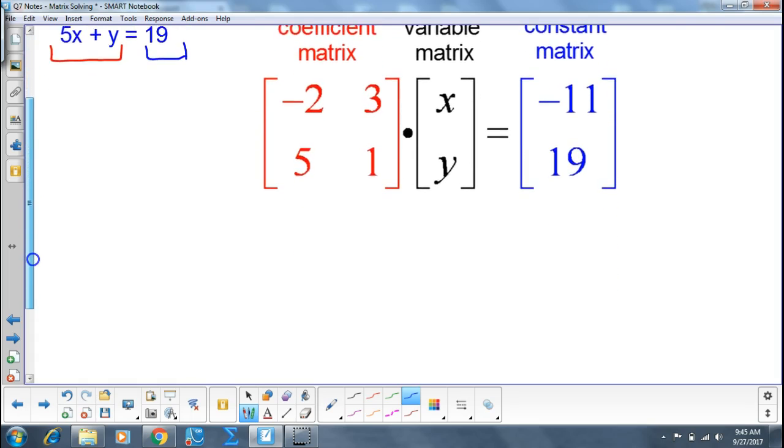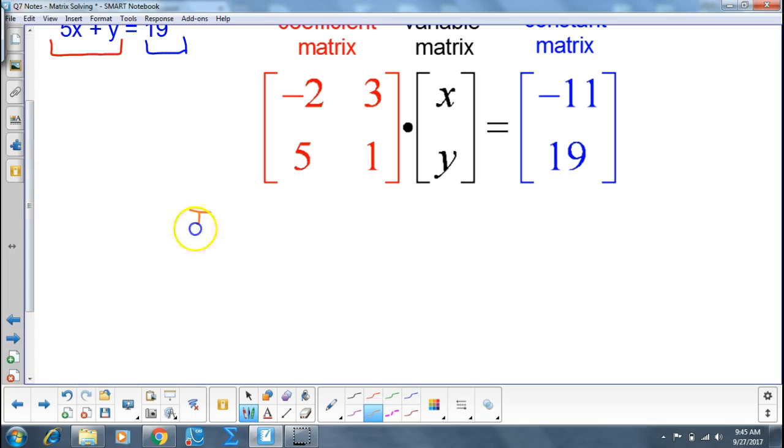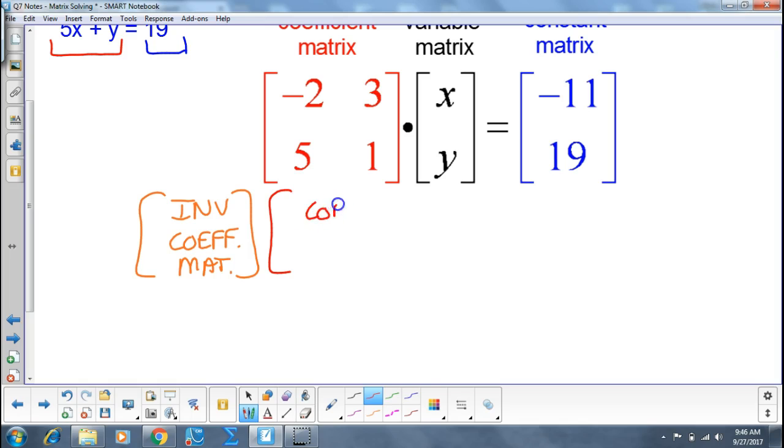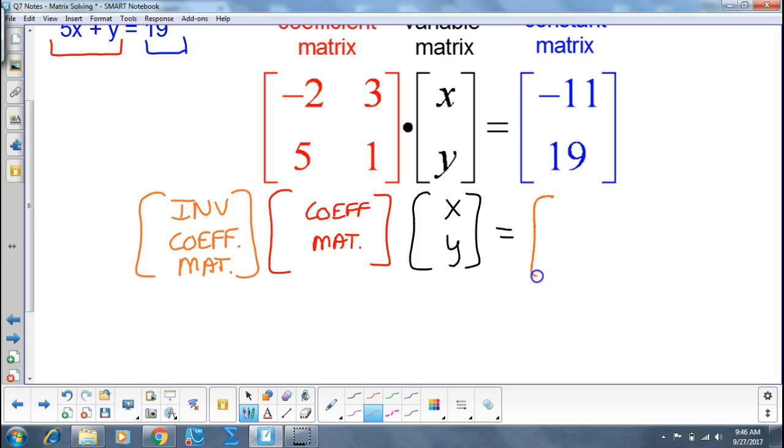Now, in the abstract, what's going to happen here is I am going to take the inverse of my coefficient matrix, and I'm going to multiply that by my coefficient matrix times my variable matrix, and that's going to equal, because I added this inverse matrix on the left side, I've got to add it to the right side, over on this side.